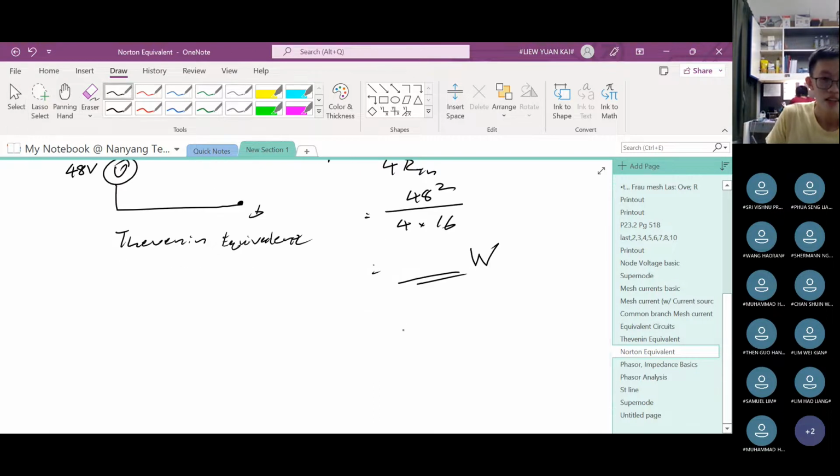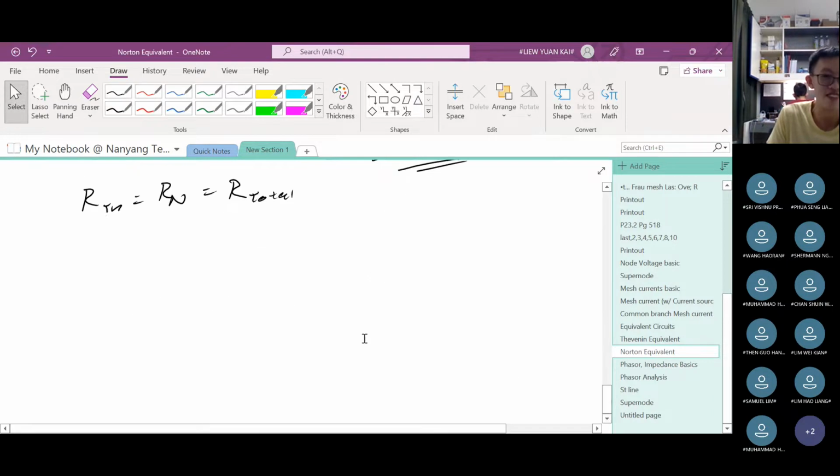Now, remember I told you that the Thevenin resistance and the Norton resistance is just the total resistance of the circuit. We know this concept from secondary school, right?